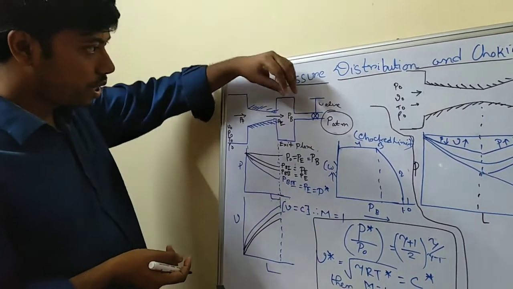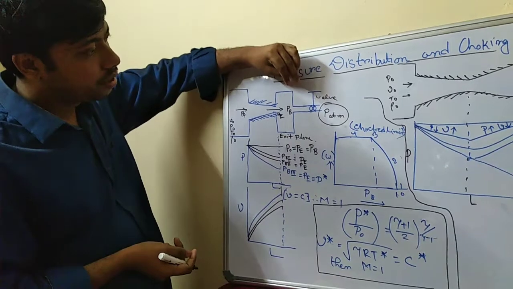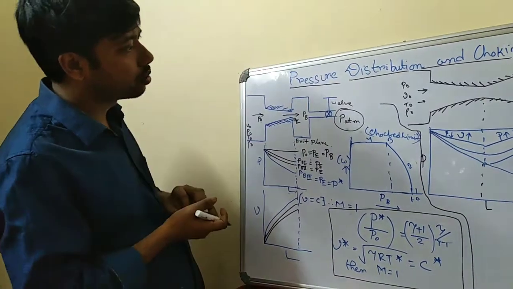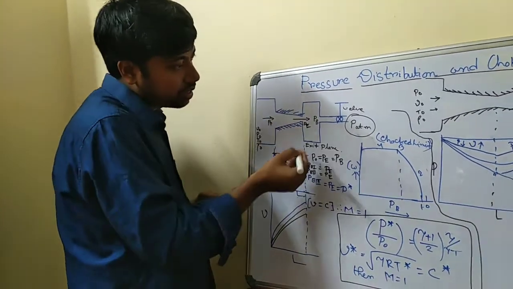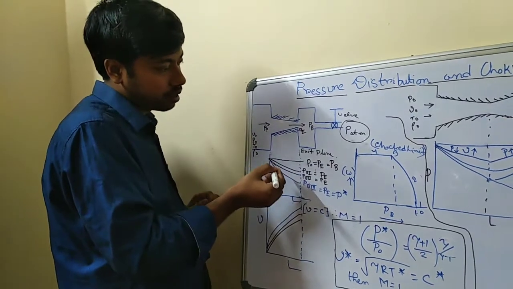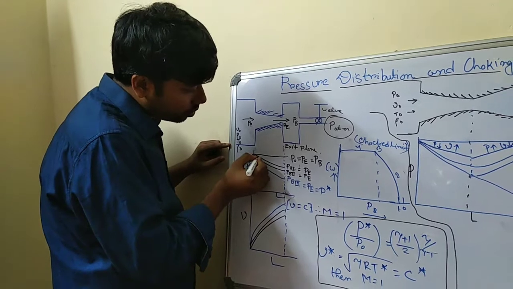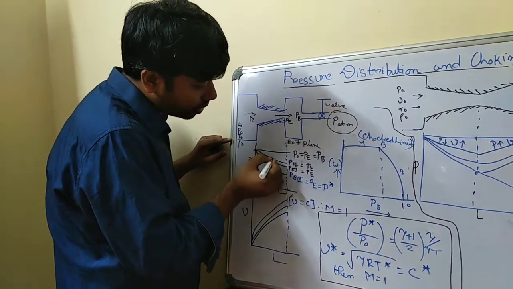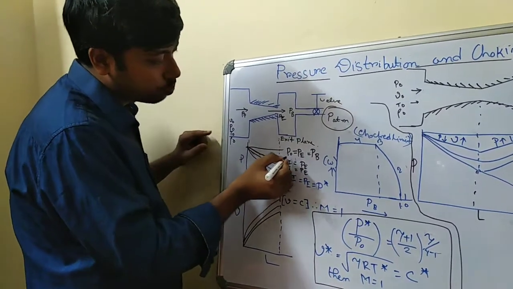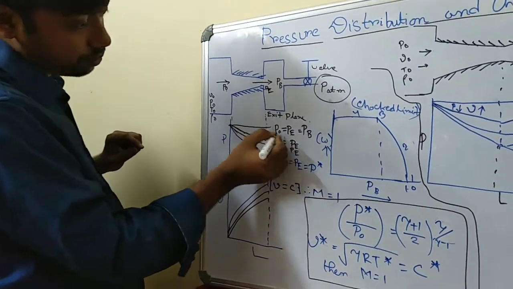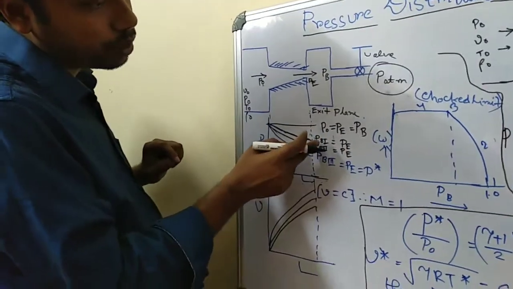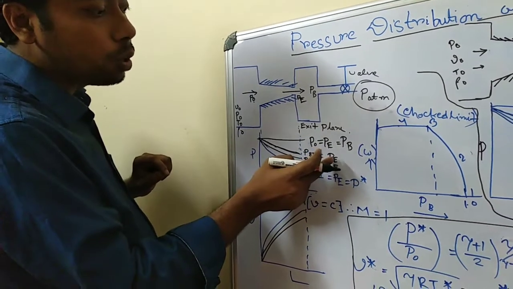Now when the valve is slowly opened, that is, you reduce the back pressure, the diagram shows PB1. If you reduce from PB2, it will reach the PB1 state, which will be equal to PE.